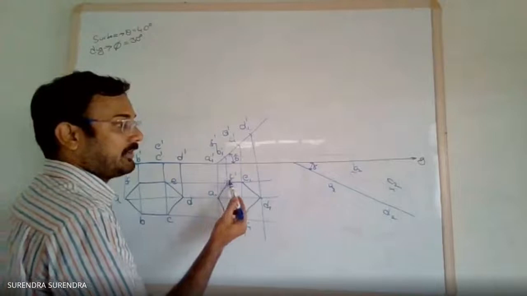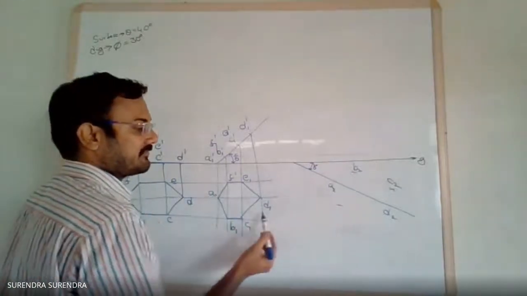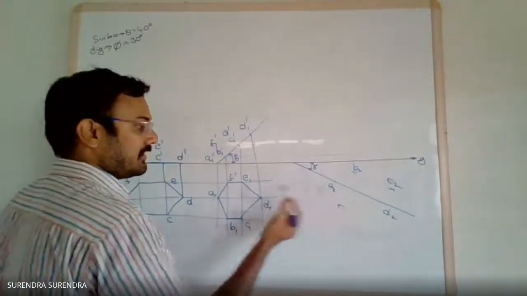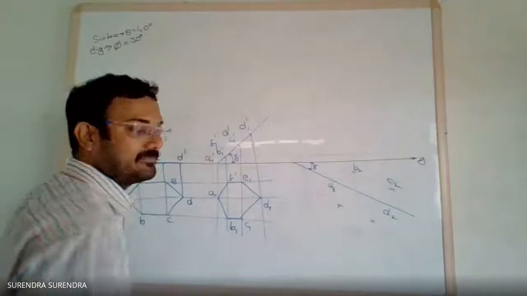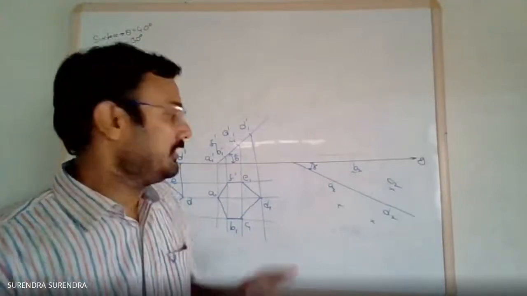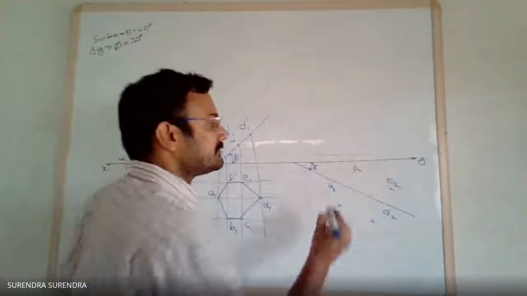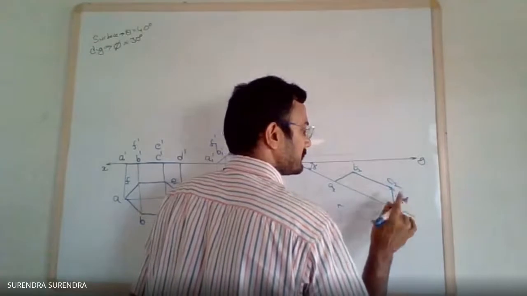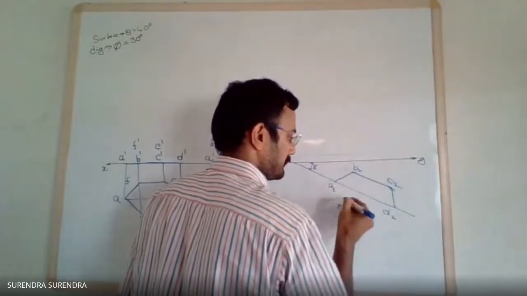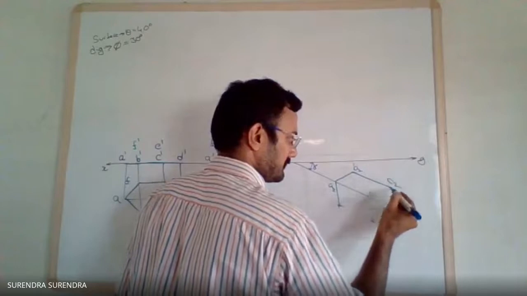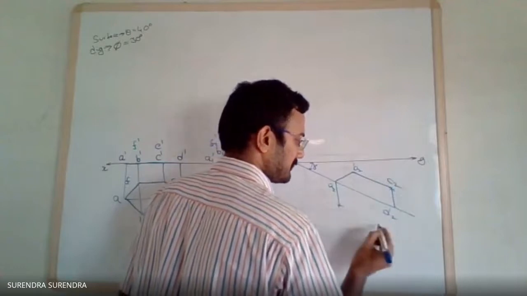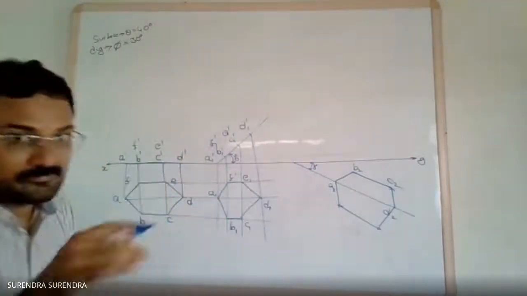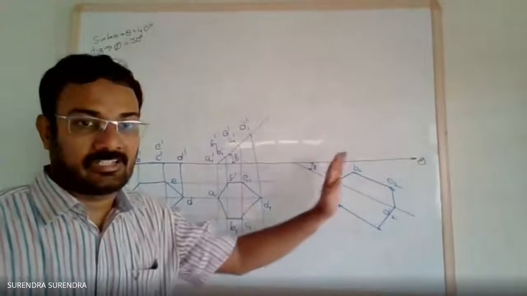Similarly, A to F, A as center, arc. D to F, D as center, arc. And similarly, the third point E, the final point. So in this way, redraw the same hexagon.